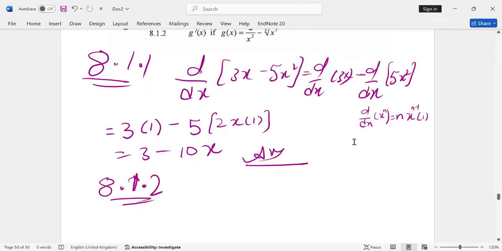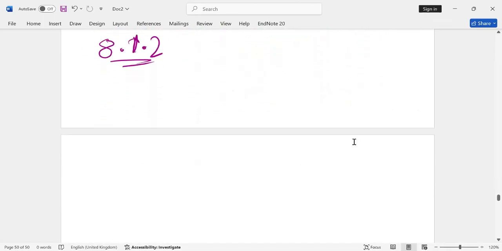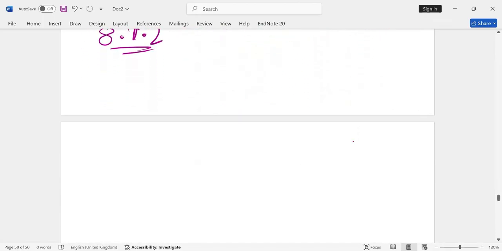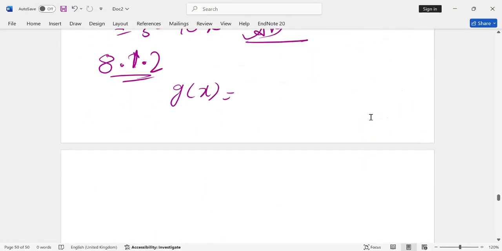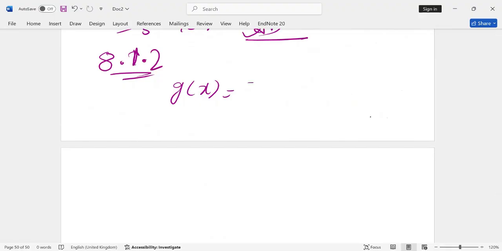Okay, so I'm writing the question over here and then we have to solve. The question is g of x equals 2 over x squared minus the cube root of x^7.